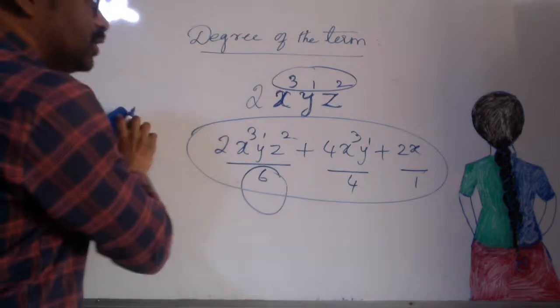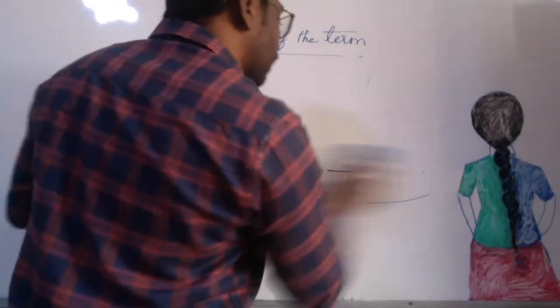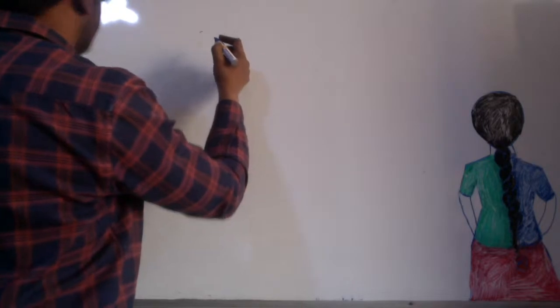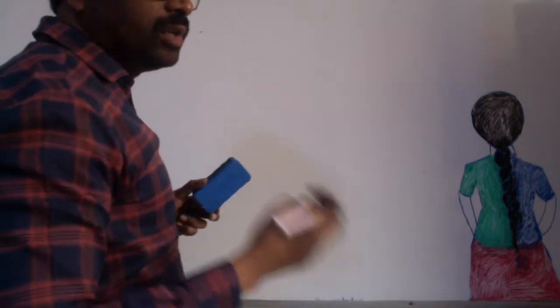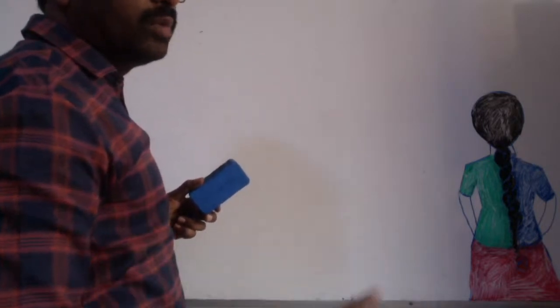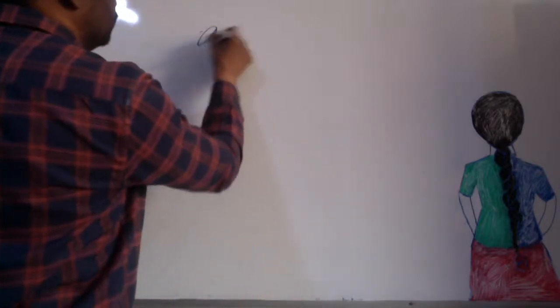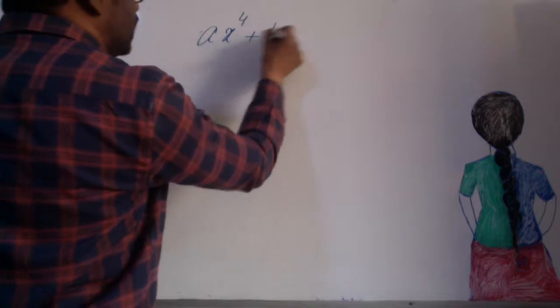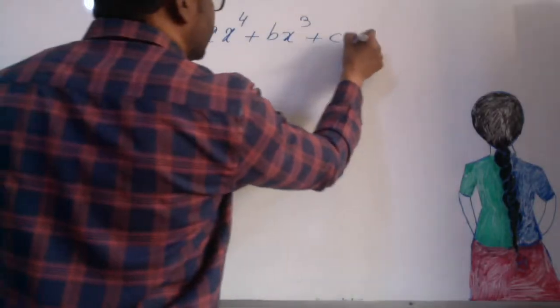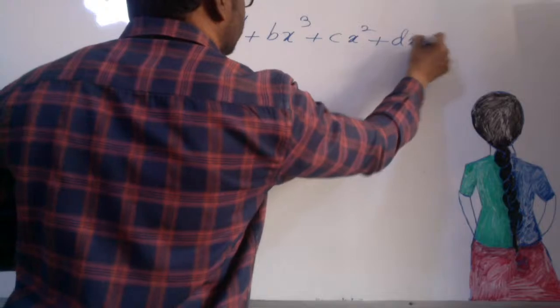Right. So we are discussing the polynomial in one variable here, right? So the highest power of the variable is called the degree of the polynomial when the polynomial has only one variable. For example, ax power 4 plus bx cube plus cx square plus dx plus e.